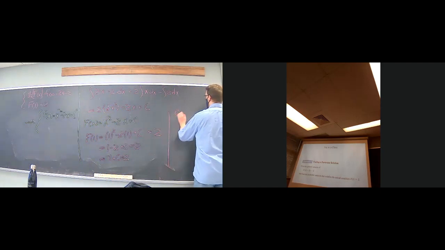Or c is equal to 2 plus 1, c must be 3. Right? So putting all this together now, our particular solution is equal to x squared minus 2x plus 3.